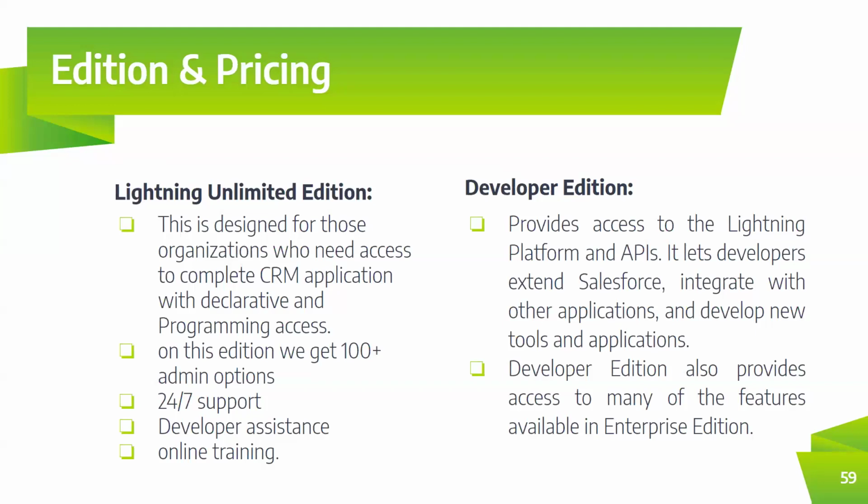Along with that, 5,000 community vouchers will also be provided, so that Community Edition will also be provided. You can develop a community also. 24/7 support is given, online training will be given, developer assistance will be provided. Any number of users can connect to it.